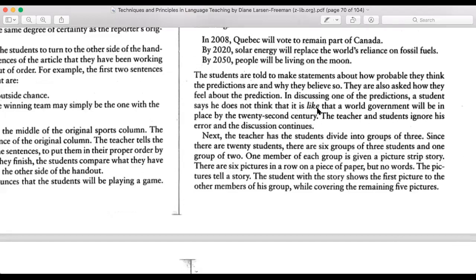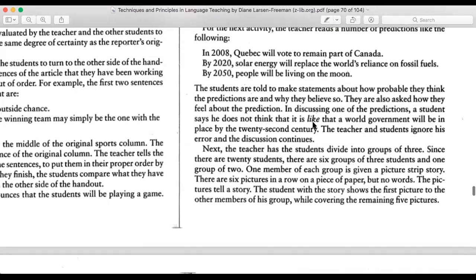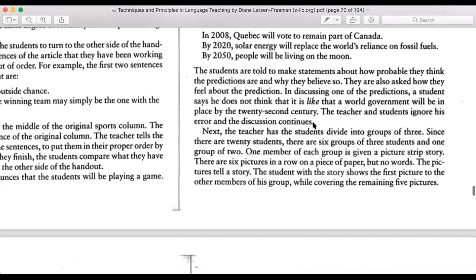Instead of saying "likely," he says "like." What we get to know through this example is that in CLT, errors are not immediately corrected. Talking is more important, communication is more important.